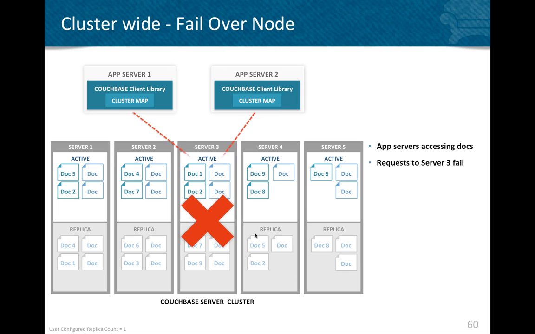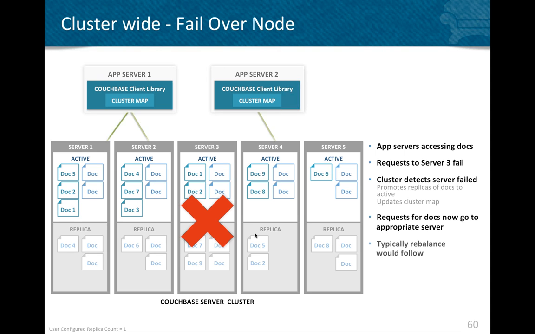And then finally, let's take a look at node failover. When a node fails over, the replica data gets promoted to active. This can happen either using a manual failover, where we have a REST API for it, or you can click on the UI, or we have auto detection as well.